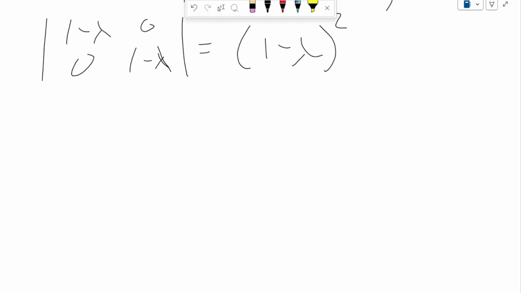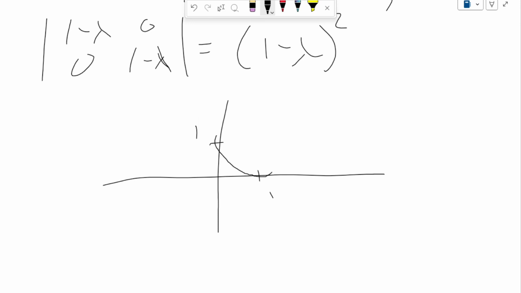If you remember from algebra class, I hope you learned that polynomials can have roots of higher multiplicity. So if this is 1, what this is going to look like is a parabola. It's going to reach 0 at 1.